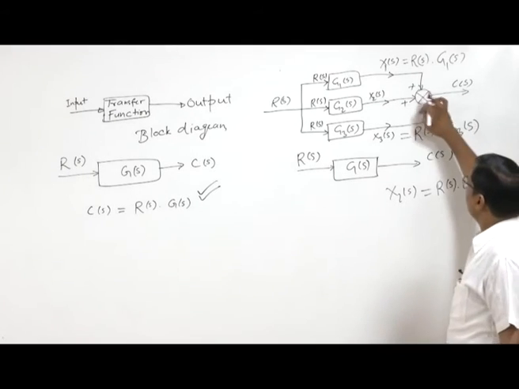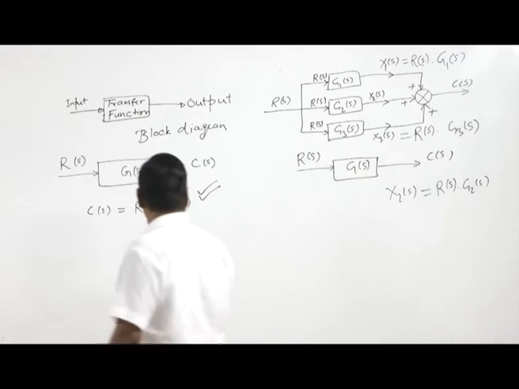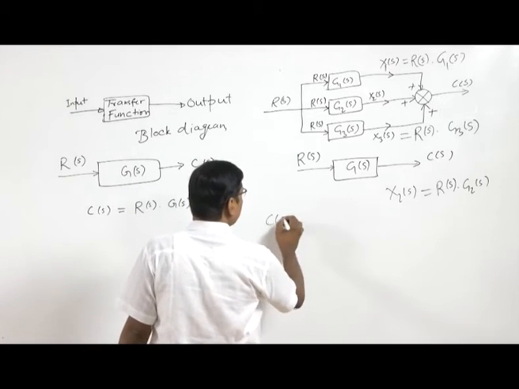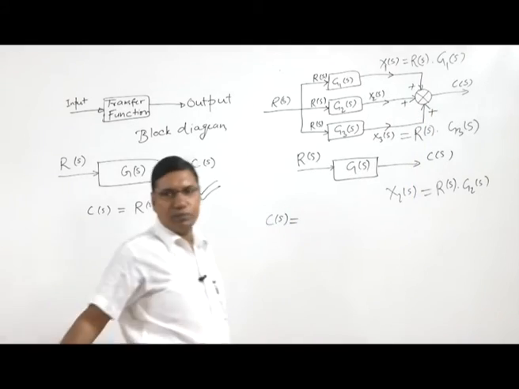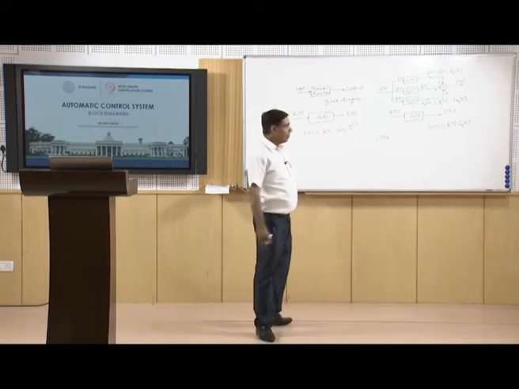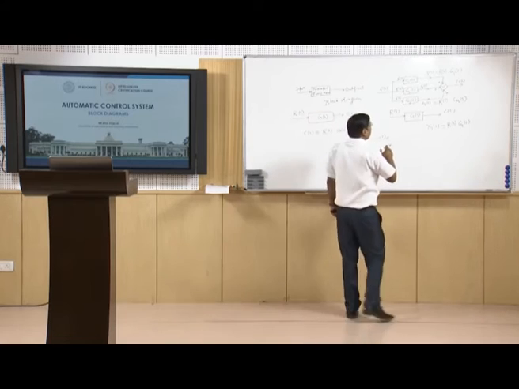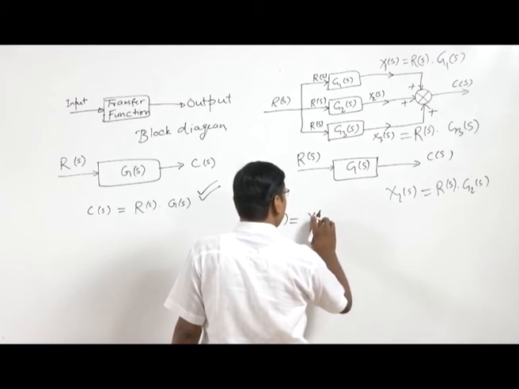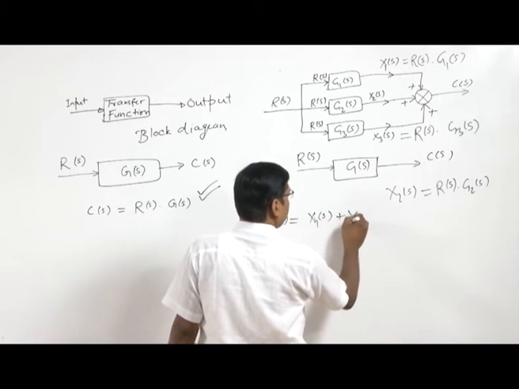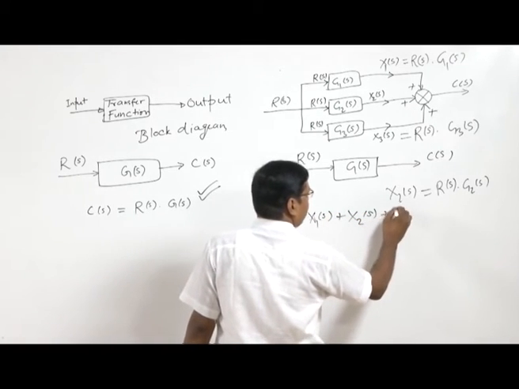Now here C(s), there are all plus signs at the summing junction, so C(s) equals the summation of the 3 outputs: X1(s) plus X2(s) plus X3(s).